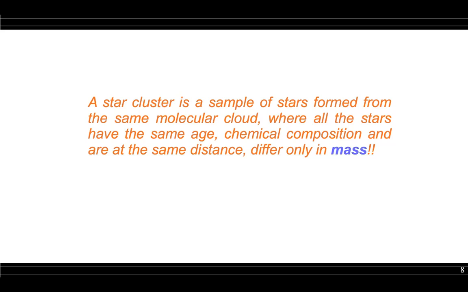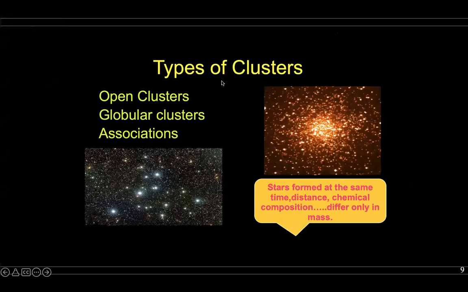Obviously, some will be on one side of the cluster closer to us and some on the other. But if you look at the radius of the cluster and the distance from us to it, it's not too much, and hence they are essentially at the same distance from us. So these clusters come in essentially two types, and we also have associations. We have open clusters and globular clusters.